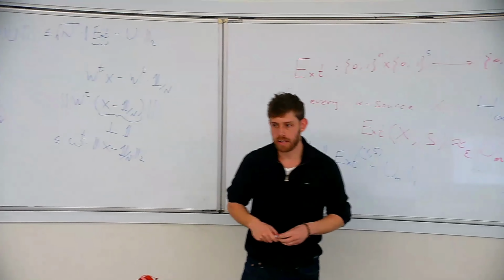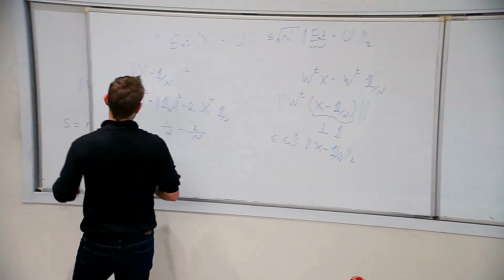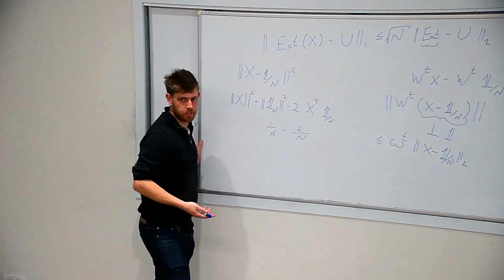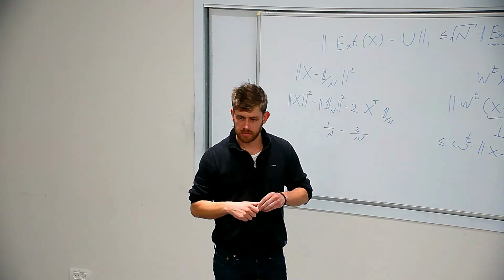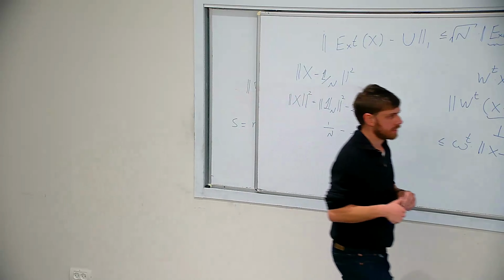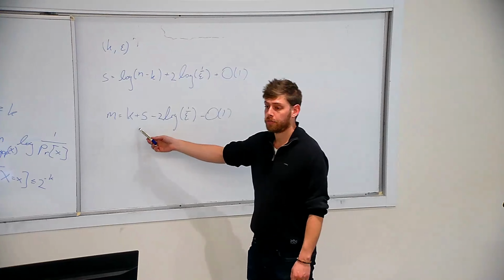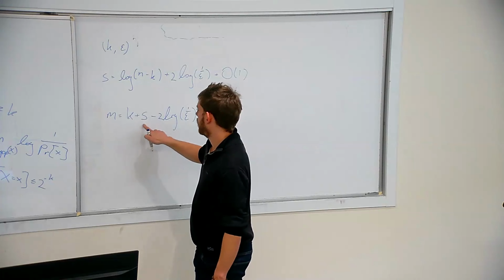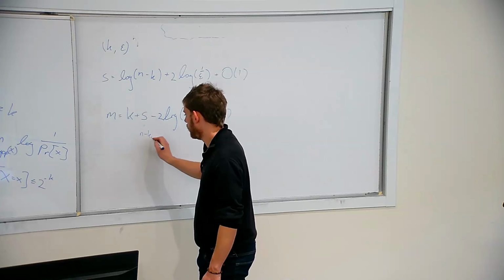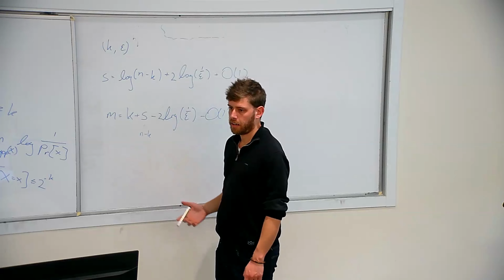M is again N. It's the number of bits that we return, and it's just by definition of the extractor, it's just N. This extractor was from N to N, right? Yes, N to N. So how is it compared to the optimal in terms of M? So yeah, it's the best, right? Because we have S equals N minus K. So altogether we have N bits.